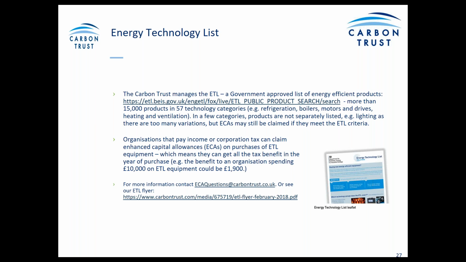So what we mean by that is that organizations that pay income or corporation tax can potentially claim enhanced capital allowances on purchases of ETL listed equipment, which means that they can get all the tax benefit in the year of purchase. So the example given there is that an organisation spending £10,000 on energy technology list equipment could potentially benefit from an enhanced capital allowance of £1,900.